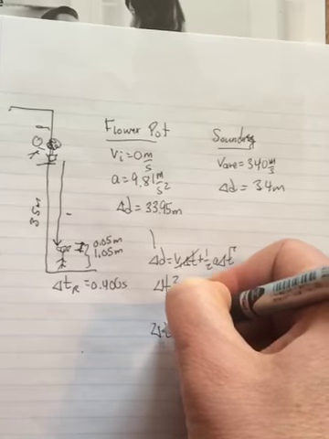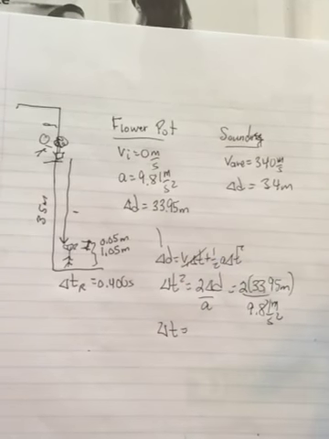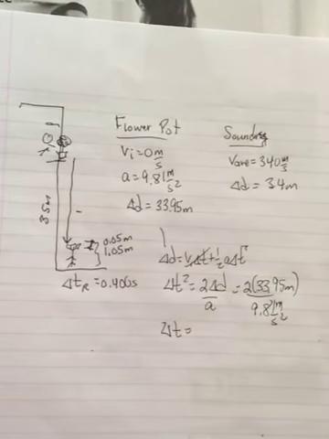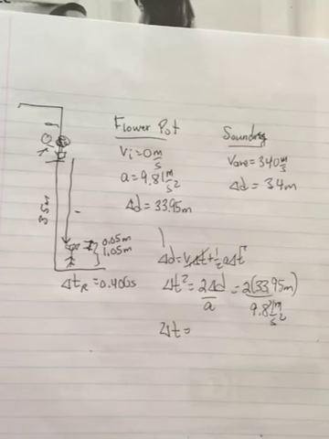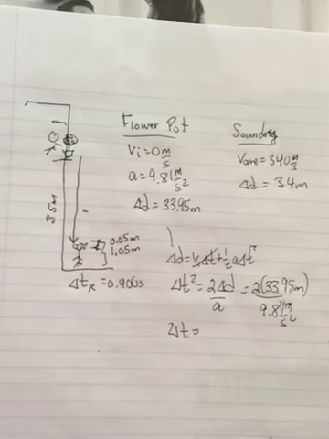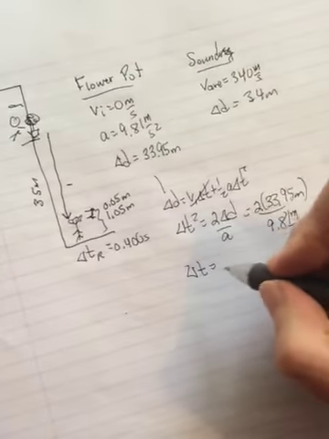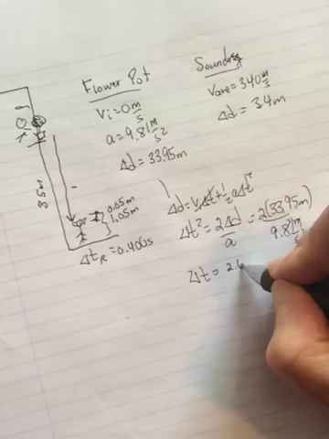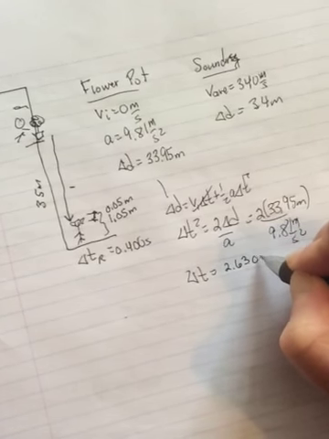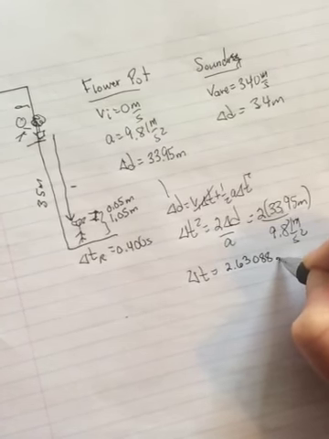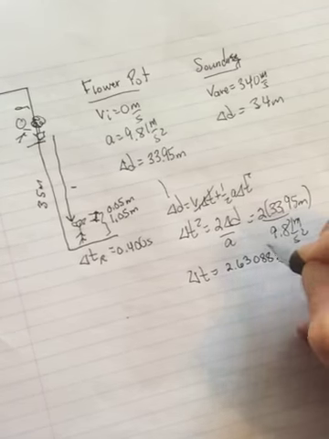And then, of course, you're going to take the square root. So 2 times 33.95 divided by 9.81. Take the square root, and you get 2.63088 or 76. So don't round too much here.